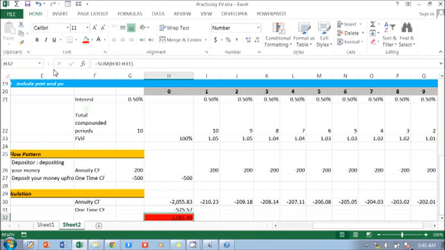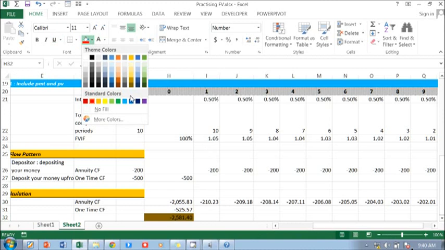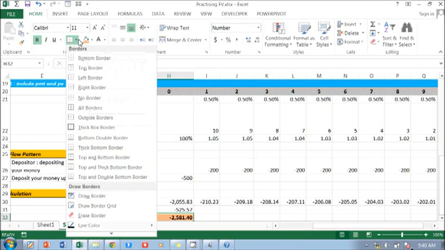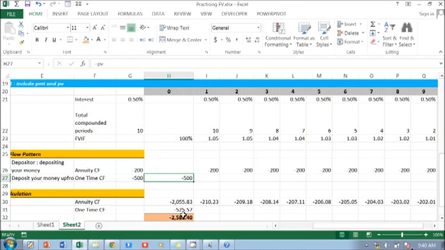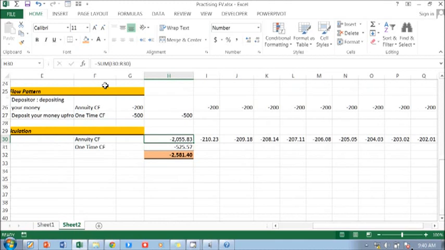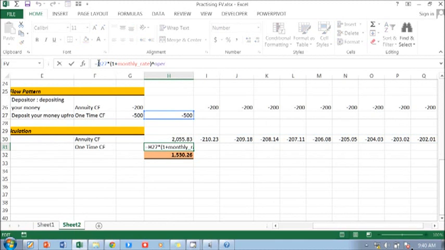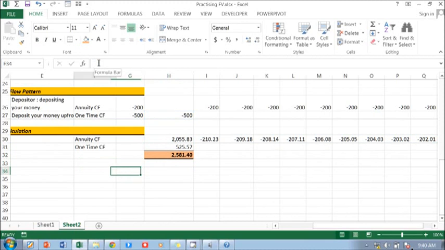You can put the red. I think this one is a bit soft for your eyes. Okay, just bullet, put the right. So this is the total. You can put minus here to make it positive. Okay, so the answer is the Excel help.